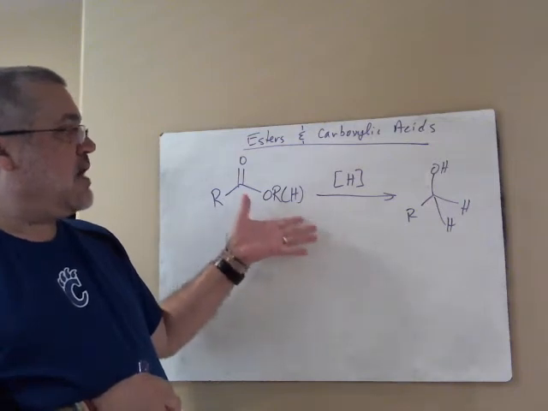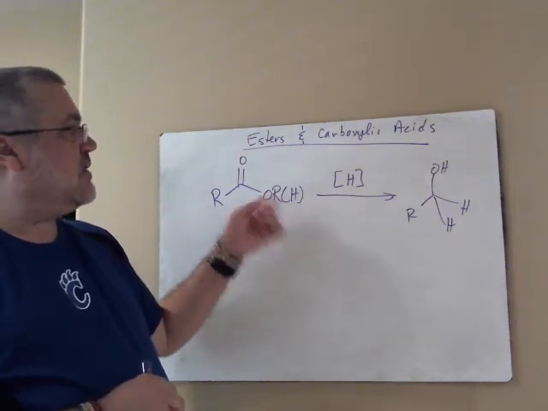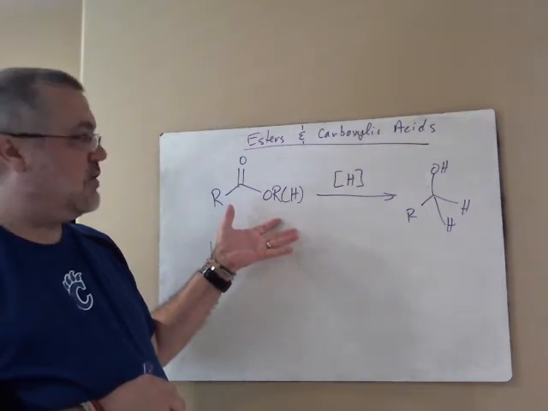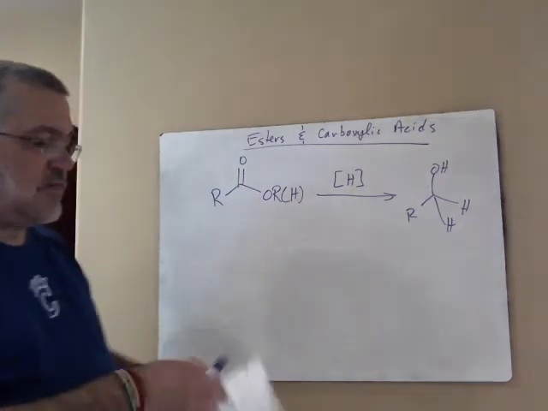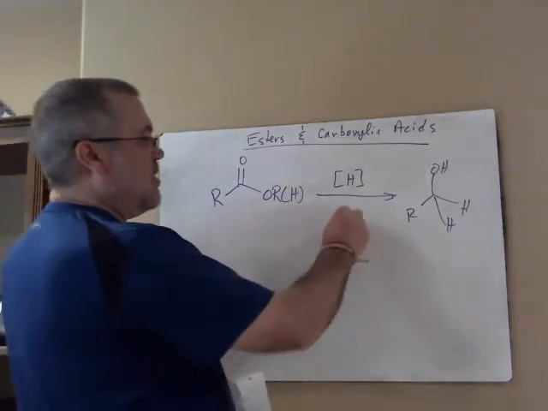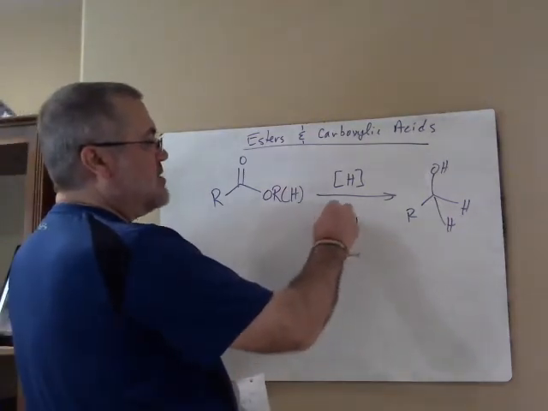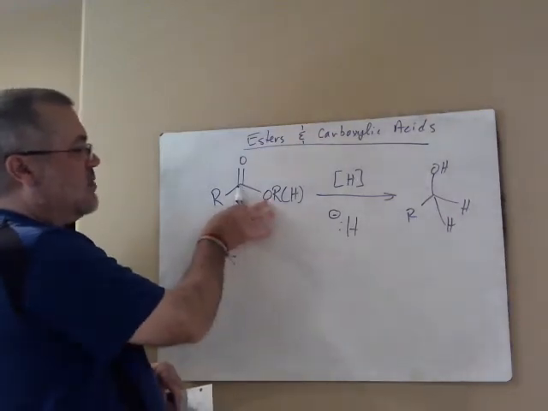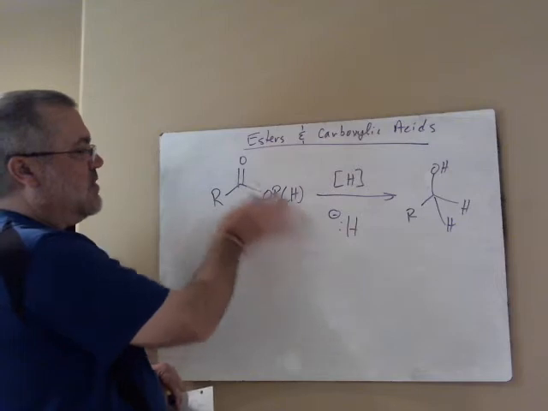And then we ended the last lecture looking at the fact that esters and carboxylic acids can also be reduced with the reducing agent, which remember these reducing agents we were talking about were hydride reagents. And so you're talking about a nucleophile that's reacting with this electrophilic carbon of the carbonyl.